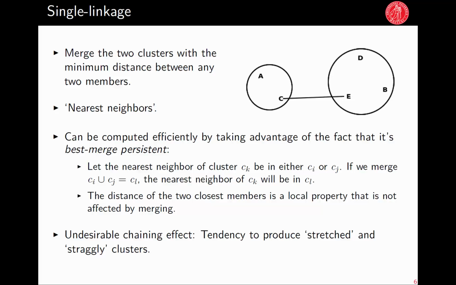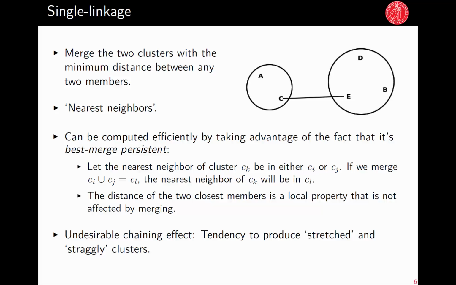Okay, so let's start with one called single-linkage. So we have 2 circles here representing 2 clusters. We have one cluster with the objects A and C, and then we have another cluster with the objects B and D and E. Now we want, for different such linkage criterions, different such similarity measures, to see how we can define how these 2 clusters are similar.